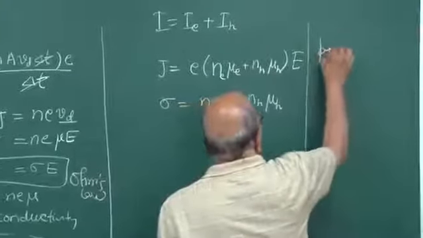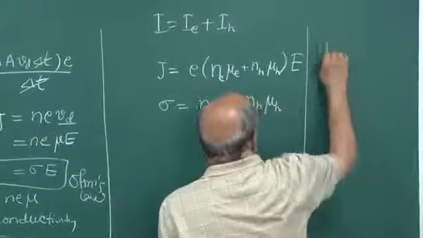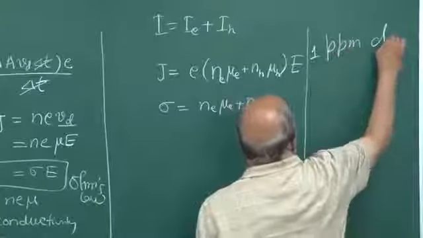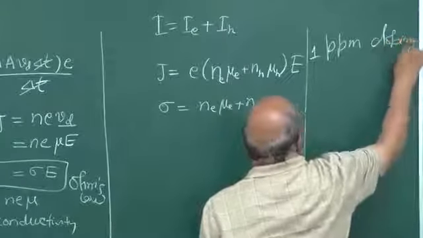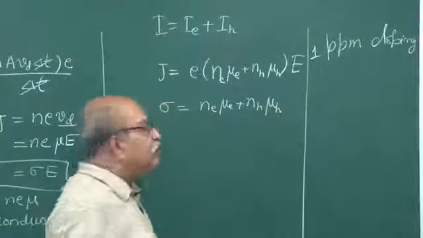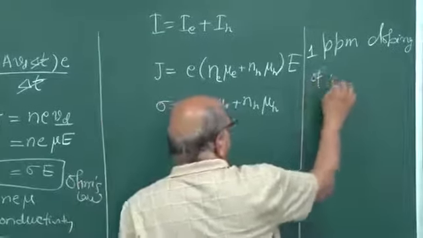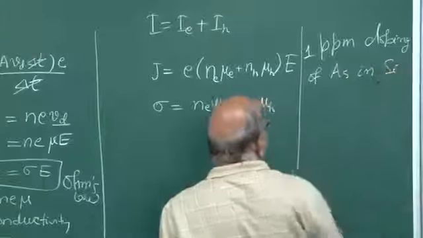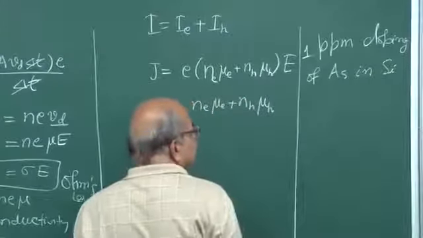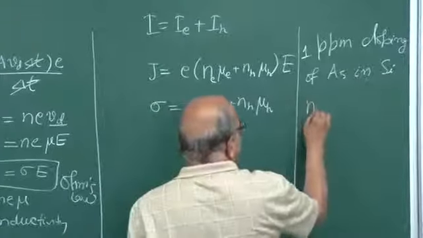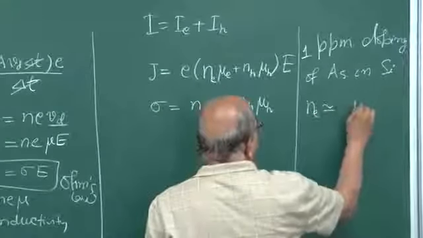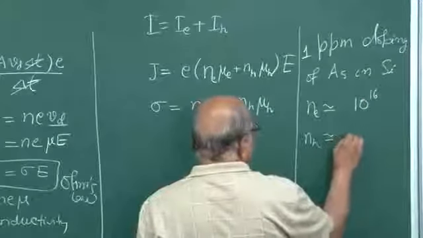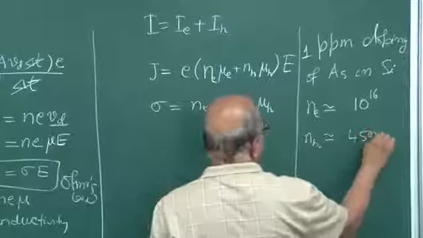If you have an N type, ppm doping, 1 ppm doping of arsenic or phosphorus in silicon, we saw that the number of conduction electrons is of the order of 10 to the power 16, whereas the number of holes was just 4,500.